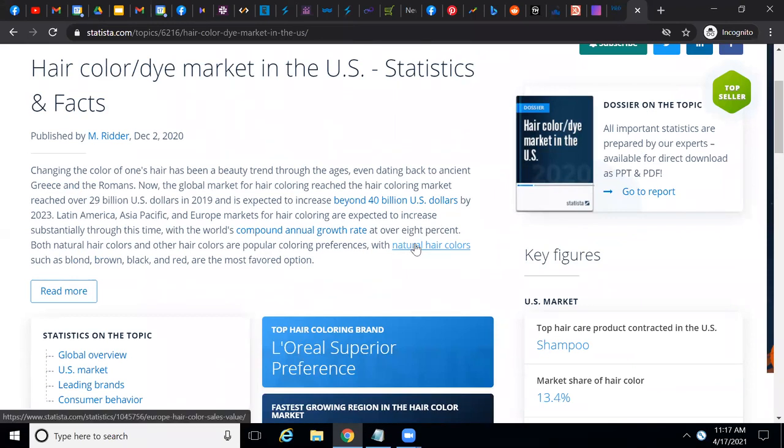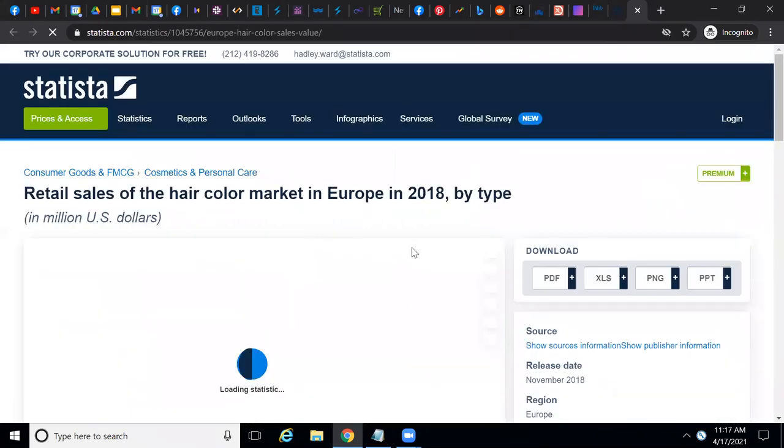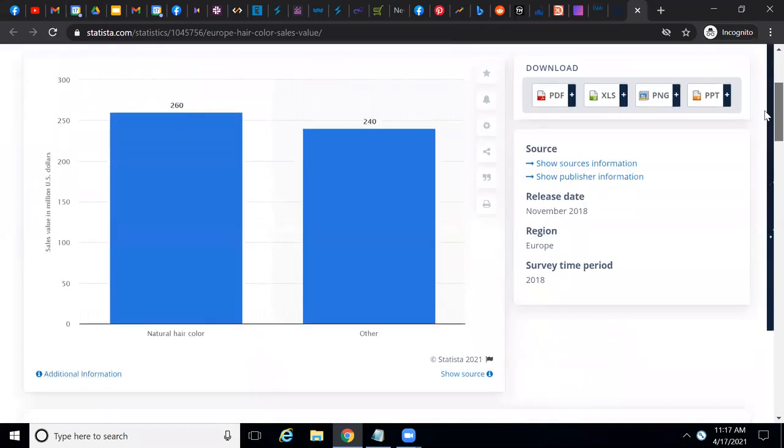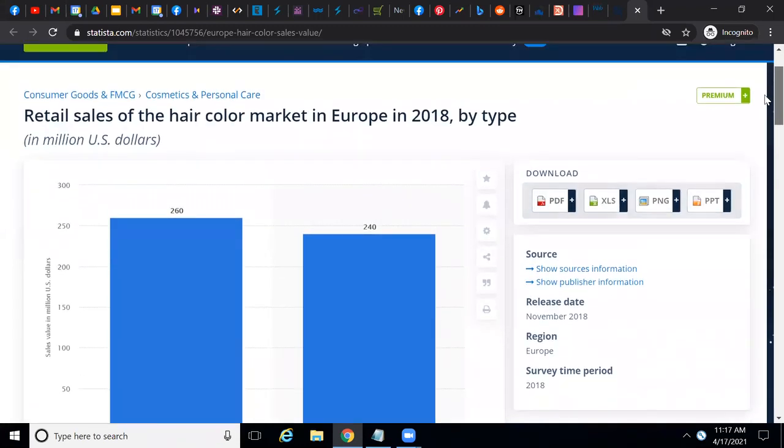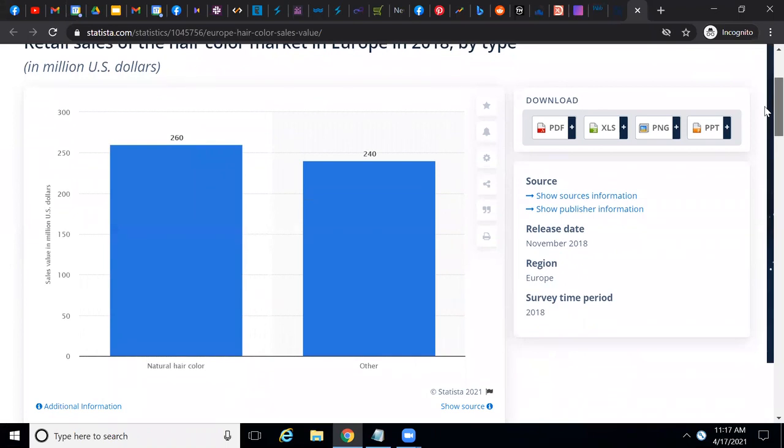Natural hair colors. Let's go see what the statistical data is on that. Okay, so retail sales for hair color market. This is in Europe. I don't know why it's in Europe, but okay. By type, natural, and other.